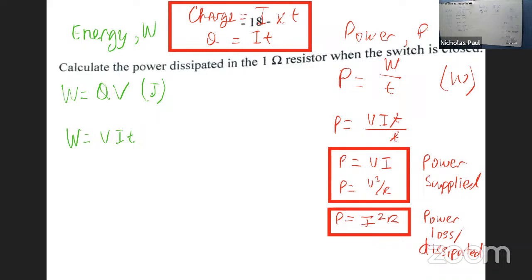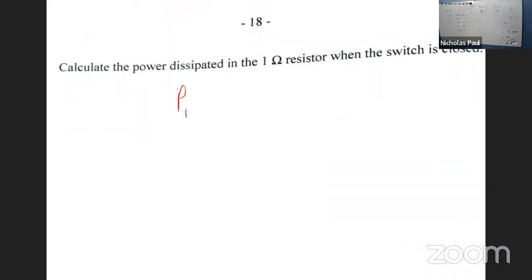Right, and what is I and R? Read the question. What is I and what is R?